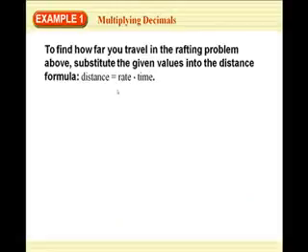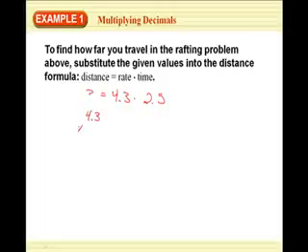It says you will travel downstream on a raft at a rate of 4.3 miles per hour. How far will you travel in 2.5 hours? So we're going a rate of 4.3, so that's R, so 4.3 for 2.5 hours. How far will you go? So it's just 4.3 times 2.5.